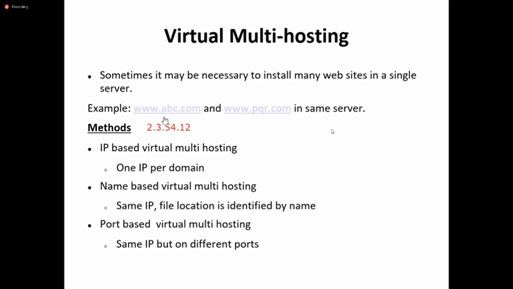So inside the htdocs, you will have separate folders for both of these domains, right? So for this one you have a folder called ABC, which should be inside htdocs, right? So I'm talking about Apache server, right? IIS, the location is different. So this will be for this domain, and for the other domain, there will be another folder.